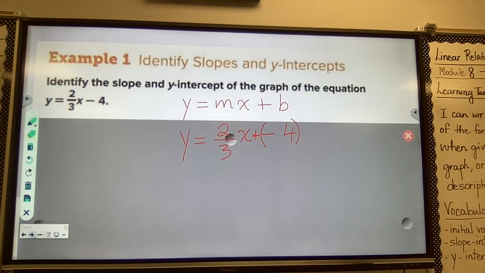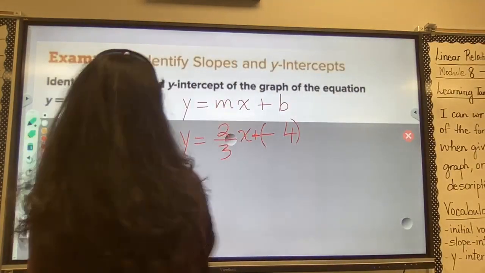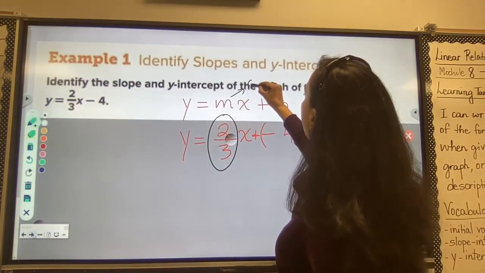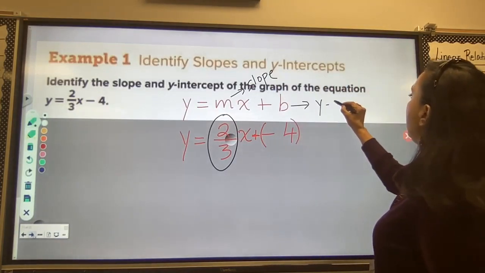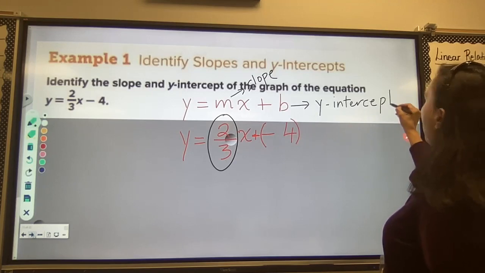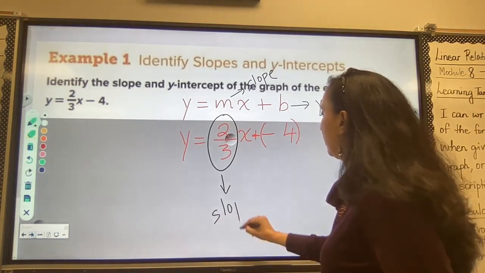So now what is the slope over here? The slope is going to be this part, because m is the slope. We have talked about this. And this is my y-intercept, right? So my slope is 2/3.